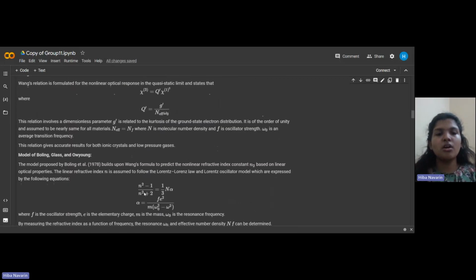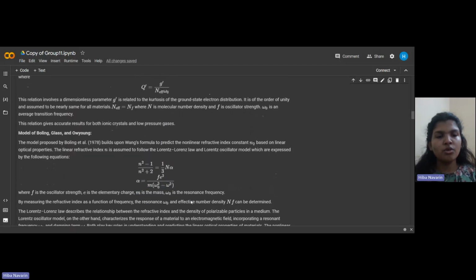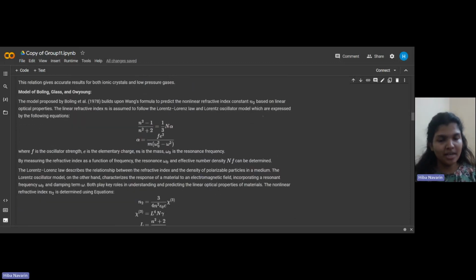The Lorentz law gives us this expression, in which n is the linear refractive index, and this expression is from the Lorentz oscillator model. So these two equations can be related, and here omega 0 has to be noted as the resonance frequency.